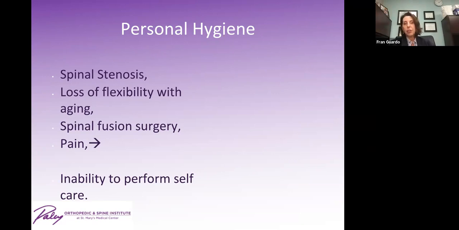When a child is young and their spine is flexible, it's not as big of an issue, and they can usually learn to toilet very well and clean themselves.